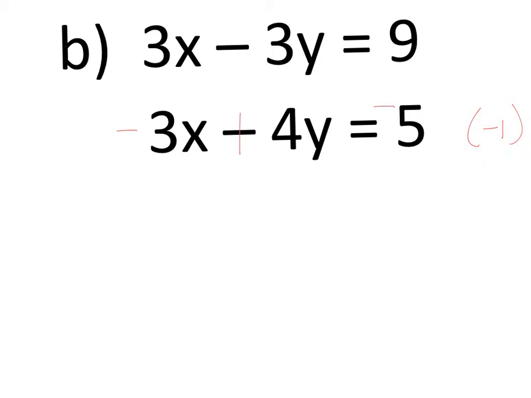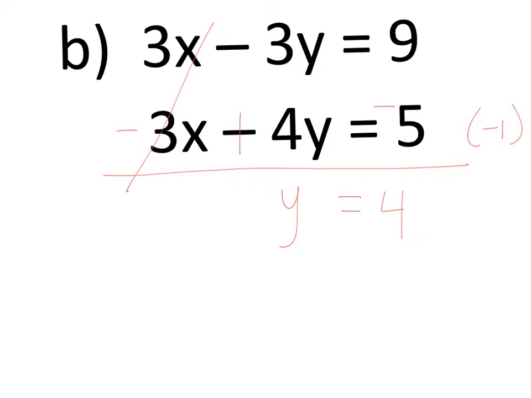Because I've multiplied the second equation by -1, now these will cancel out. I'm going to draw my line here. Again, you're just working up and down. -3 plus 4 is 1y, or y equals 9 minus 5, which is 4. In the textbook, they'll call this a subtraction problem, but I just said let's multiply it by -1, because you need to remember to change all your signs.